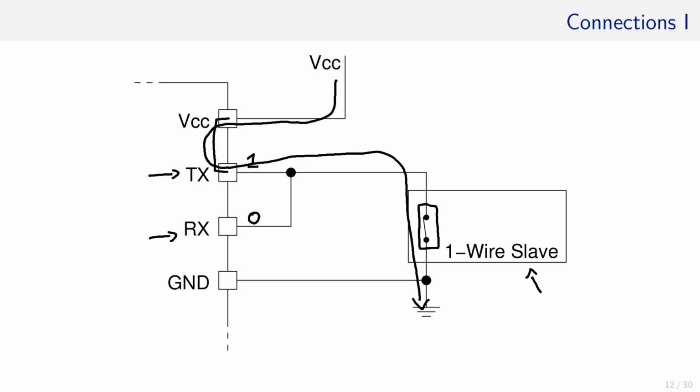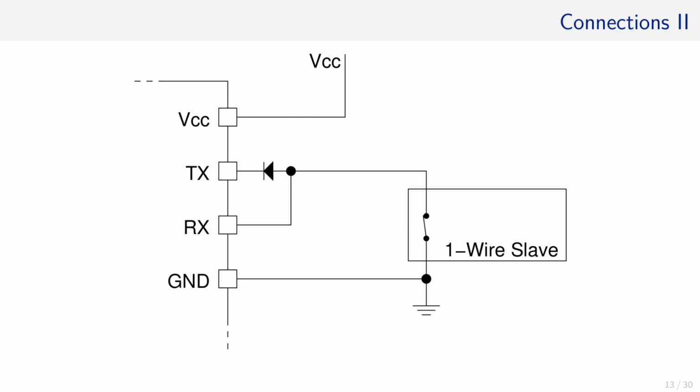Therefore, we have to make sure that if this part is 0 and this part is 1, that no current flows from the pin to the wire into that direction. We do that by inserting a diode between the TX pin and the bus.